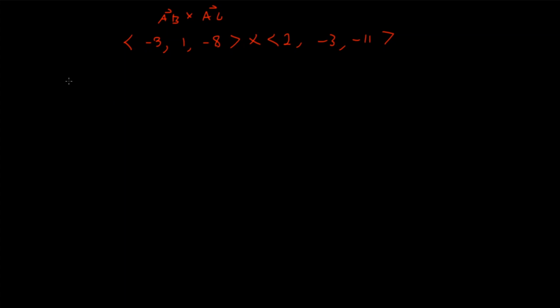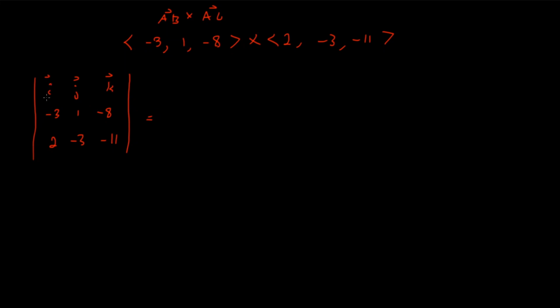Sweet. So let me go ahead and set up my matrix. I, J, K. And then I'm going to have the first vector, -3, 1, -8, and then down here, I'm going to have 2, -3, -11.